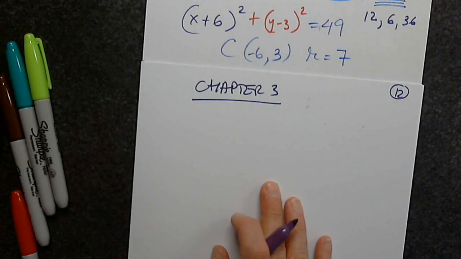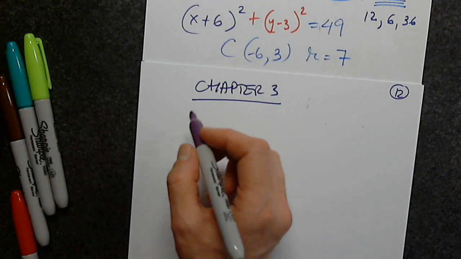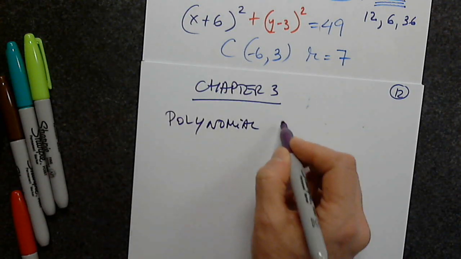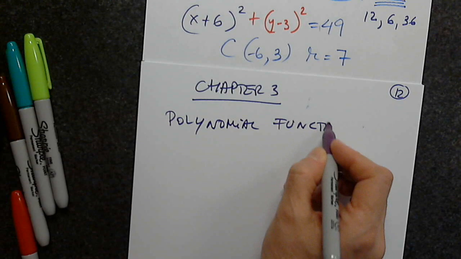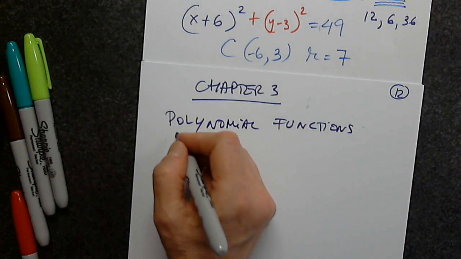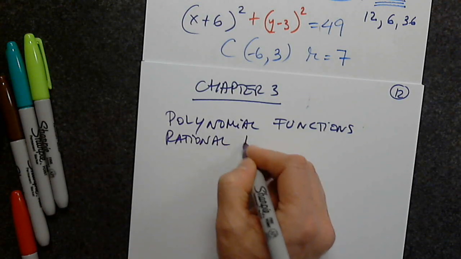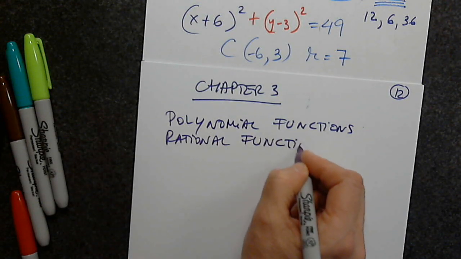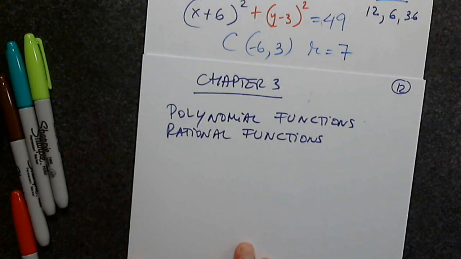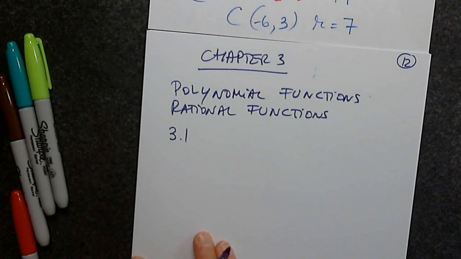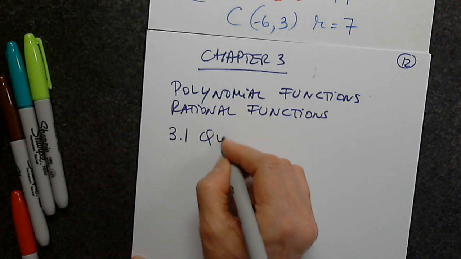Chapter 3 deals with several things. Polynomial functions. And the second topic, rational functions. We start with polynomial functions, but 3.1 is quadratic.